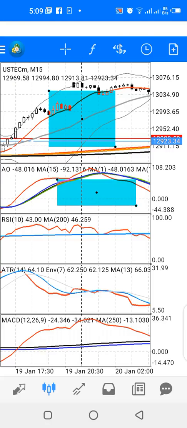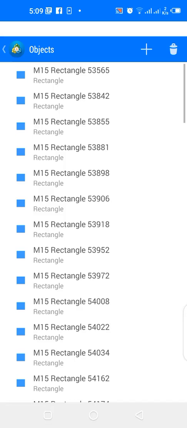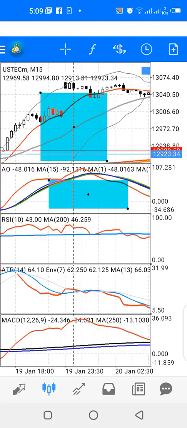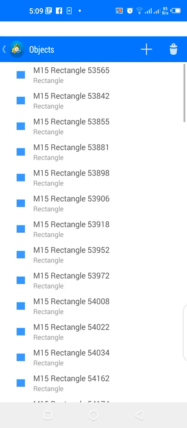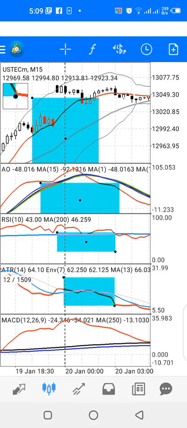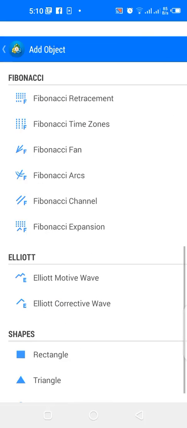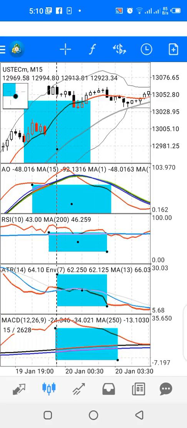I have indicator window 2. This is indicator window 2. I have indicator window 3. This is indicator window 3. And I have indicator window 4. This is indicator window 4.